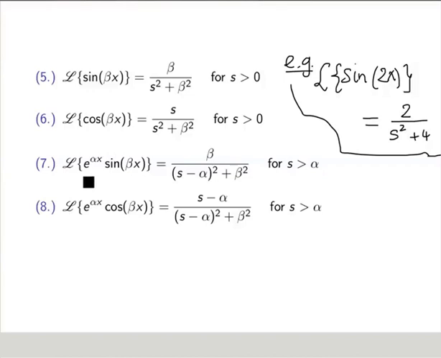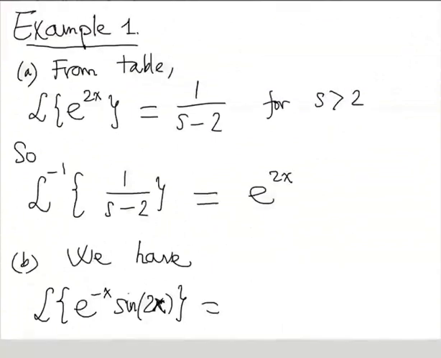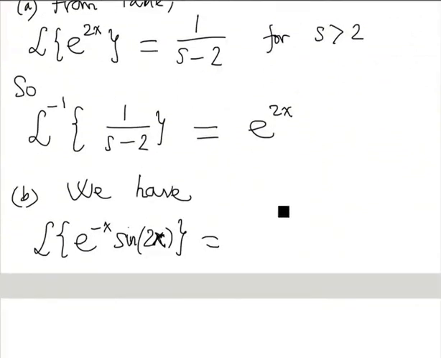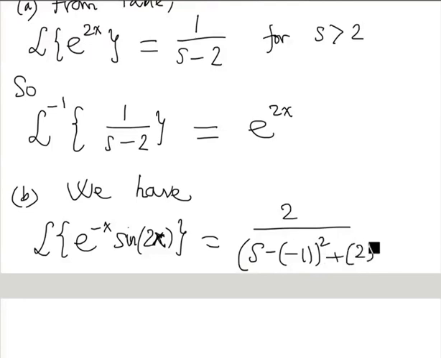For e to the negative x sine of 2x, alpha is negative 1 and beta is 2. So we have 2 divided by s minus negative 1, in parentheses, squared, plus 2 squared. This is formula number 7.